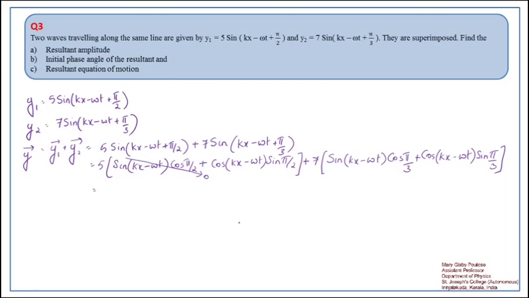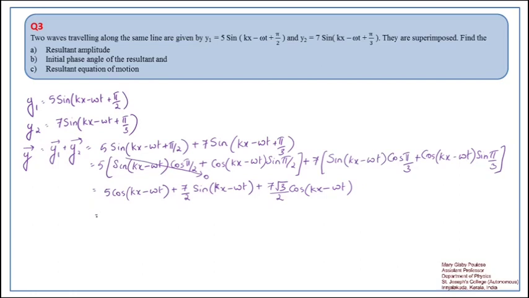So substituting these values, we have 5 cos(kx − ωt) + 7/2 sin(kx − ωt) + 7 root 3/2 cos(kx − ωt).